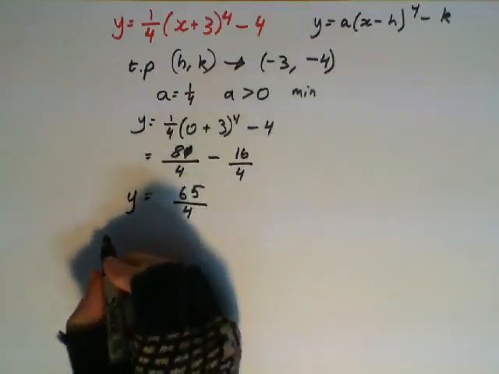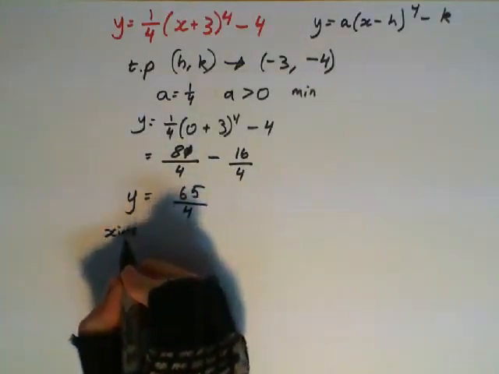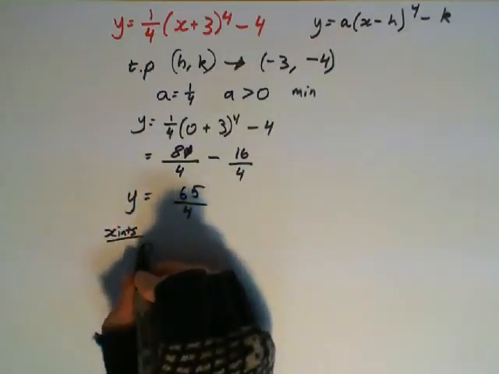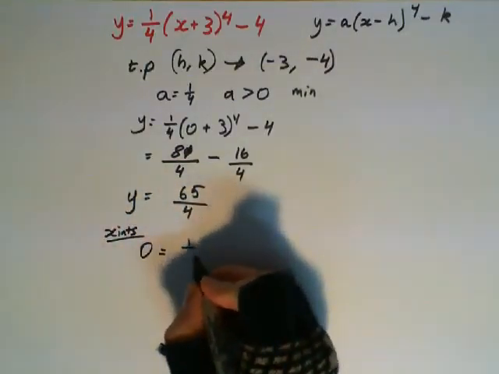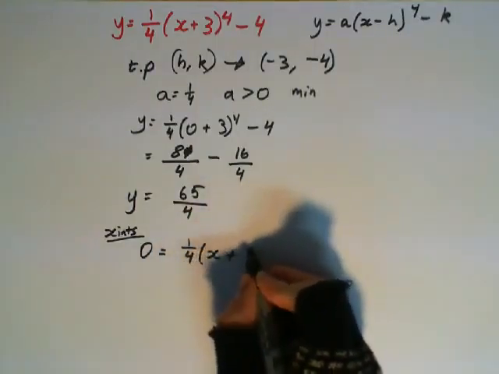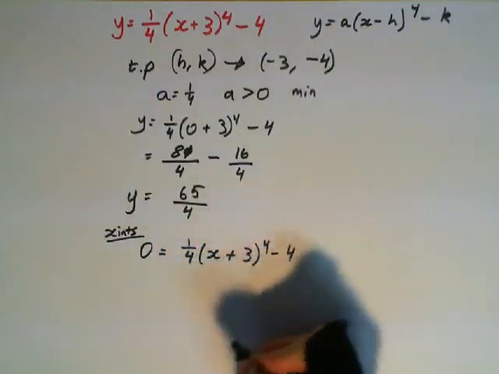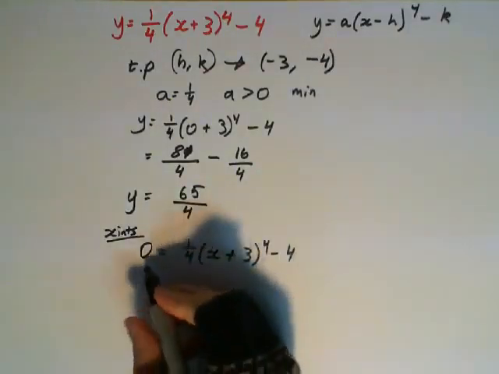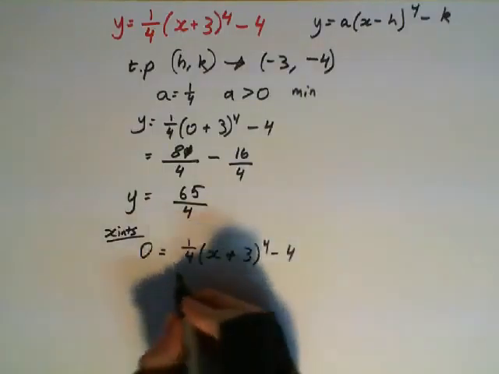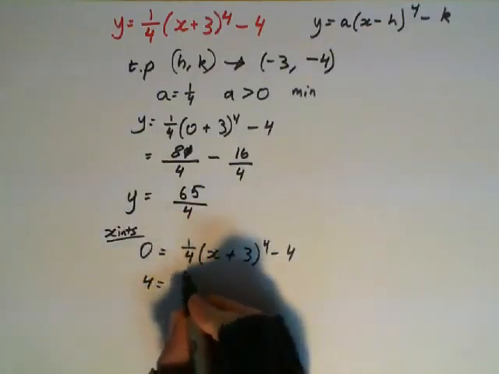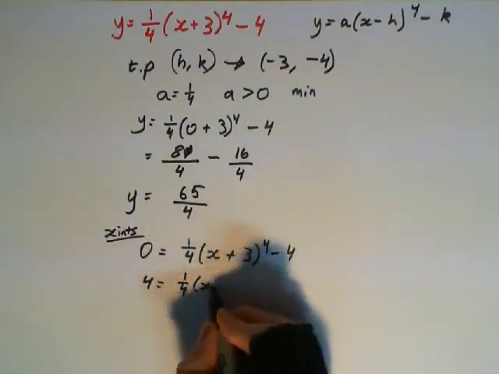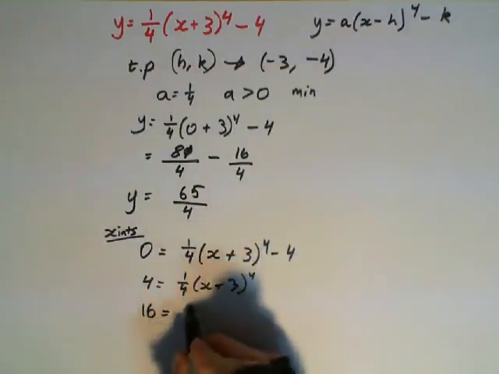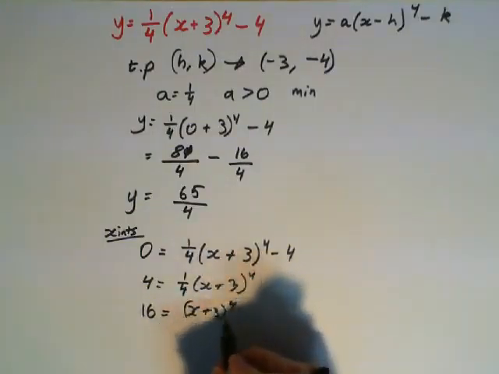Now for the x-intercepts, generally a little bit harder to find than our y-intercepts, so that's letting y equals 0. Easiest way is probably solving by adding 4 on both sides. Timesing by 4, so we get 16 equals (x plus 3) to the 4.